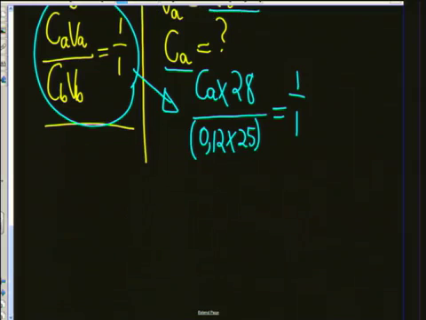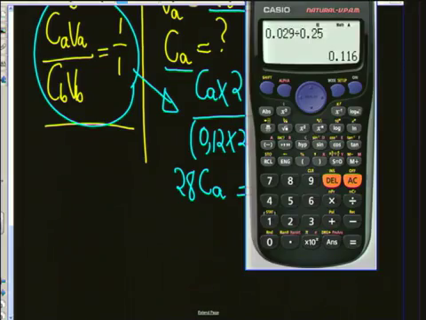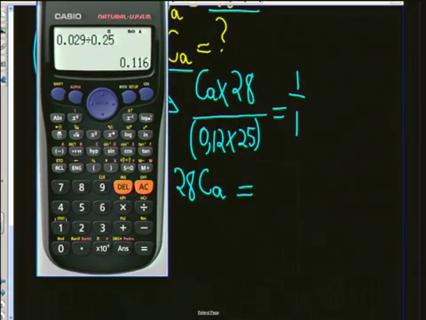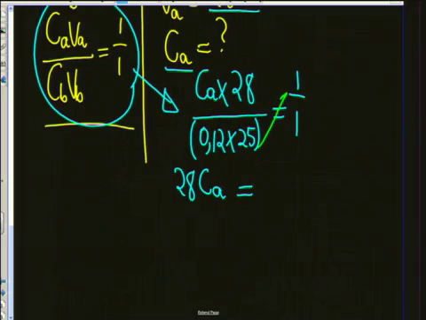All right. And then working this out, this is just cross multiplication. So 28 Ca would be equal to what? You come with your calculator once more and work it out there. When we say cross multiplication, that multiplies that and this multiplies that.